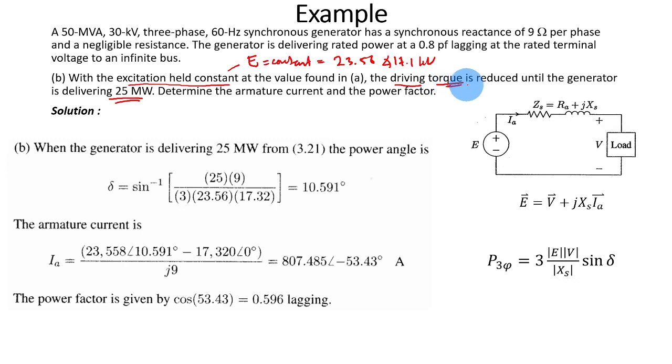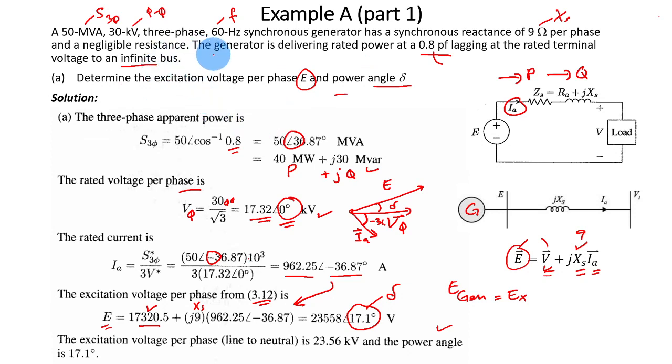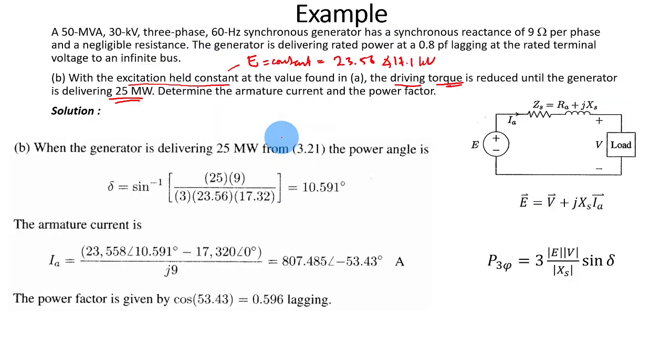This torque is reduced until the generator delivers 25 megawatt. Previously the generator was serving 40 megawatt, so from 40 megawatt the torque is reduced until it goes to 25 megawatt. So what will happen?